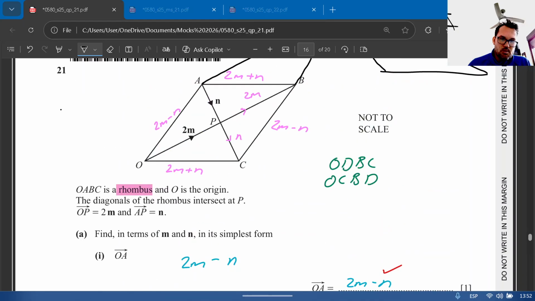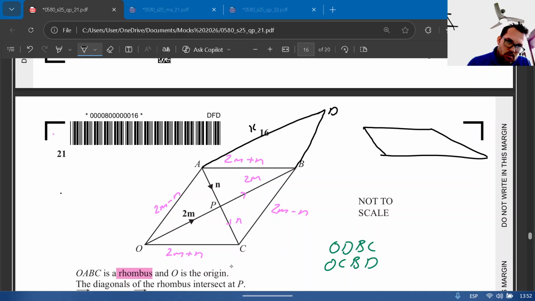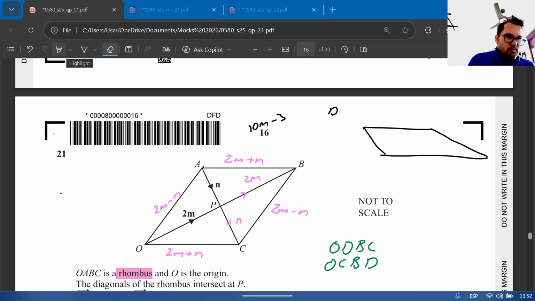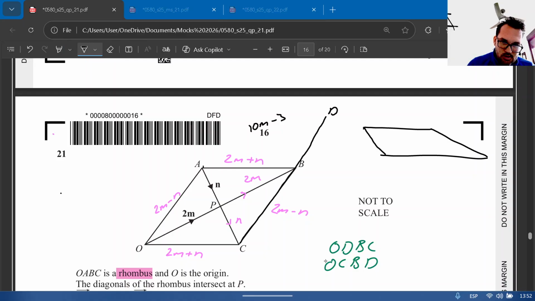Okay, with AD being 10m minus 3n. So there we go. Let's make it a little bit prettier. Okay. So we need to have this as a straight line, because it needs to be parallel to this over here.